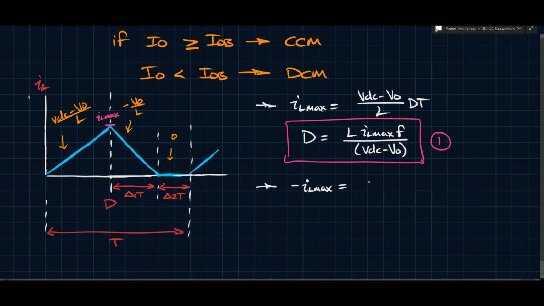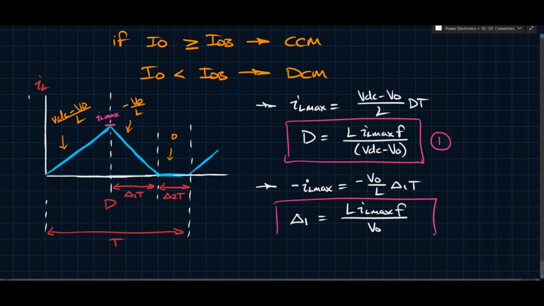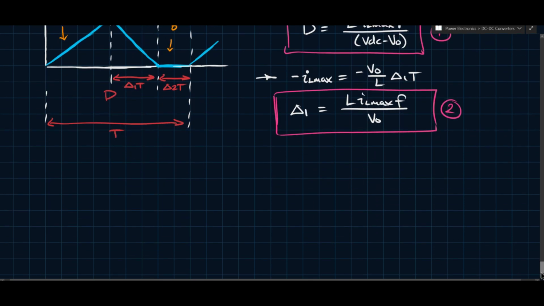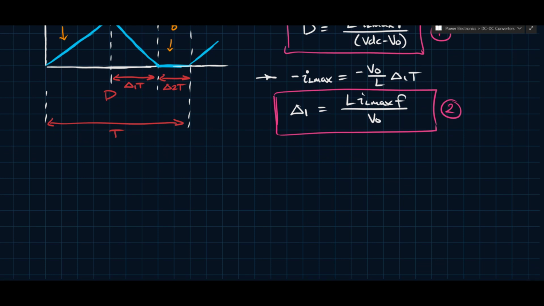So minus IL max is equal to minus VO over L times delta 1 T. And if you rearrange this, you get that delta 1 is equal to L IL max F over VO. And so this is your second expression. You can take these two and do some, I guess, fun stuff with them, depending on what you think is fun.